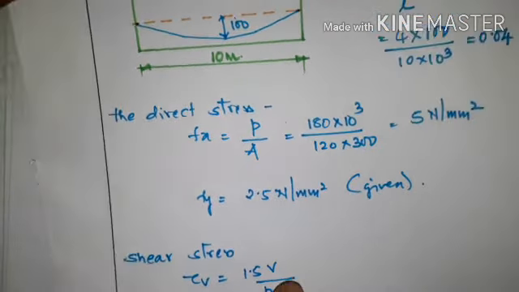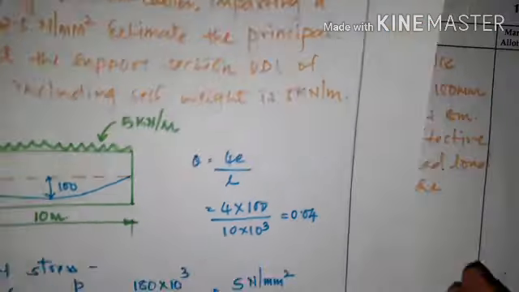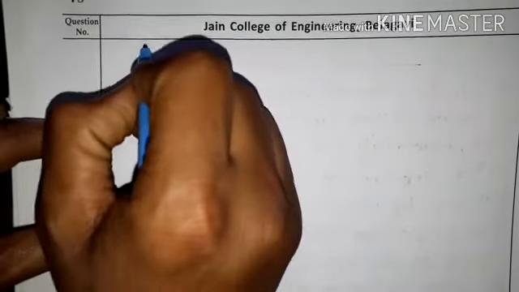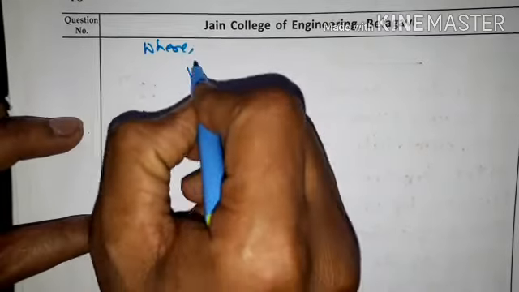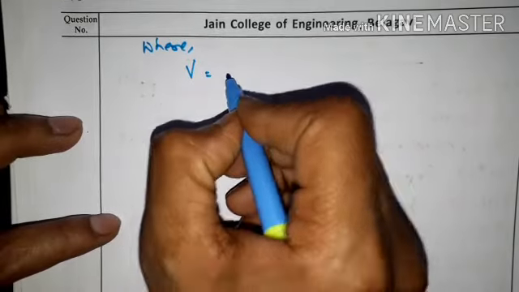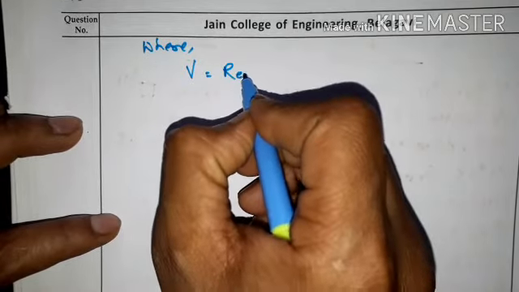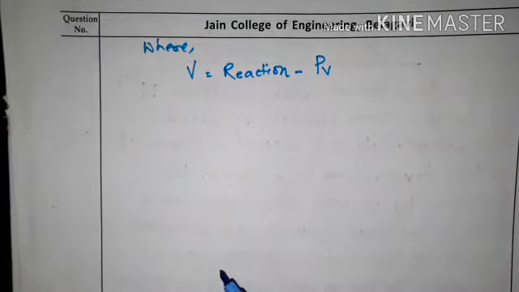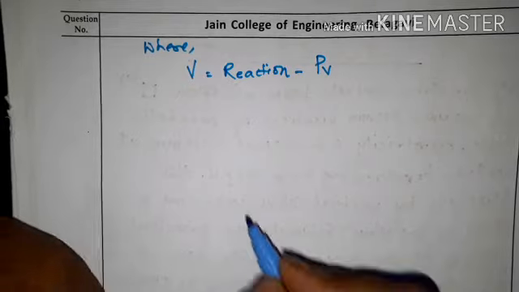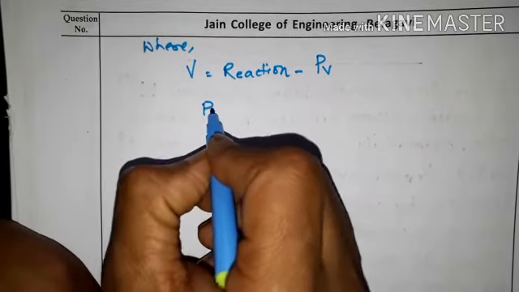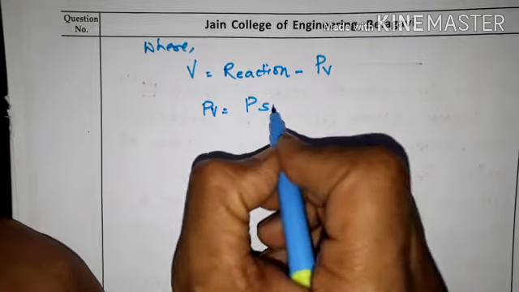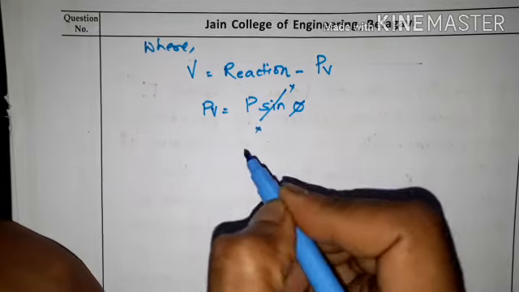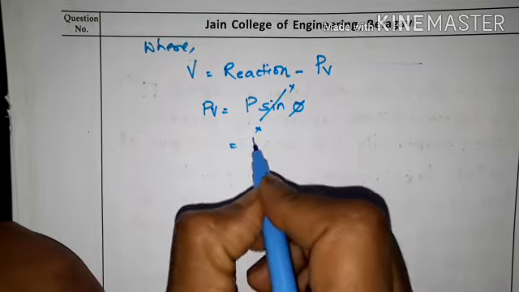So this is for only rectangular section, where V is equal to the reaction R minus the vertical force PV. The vertical force PV is taken as P sin theta; sin theta we are neglecting, so PV will be P theta.